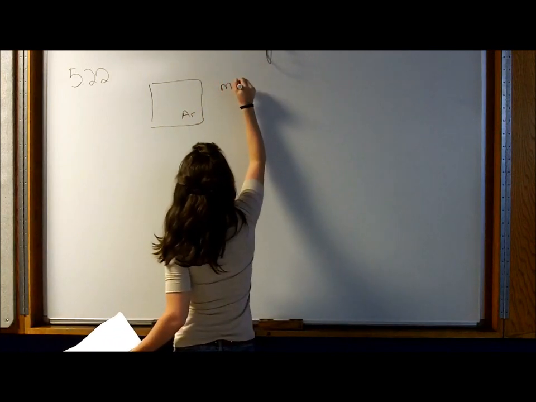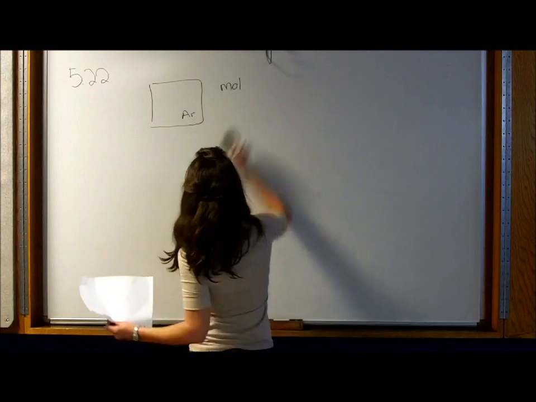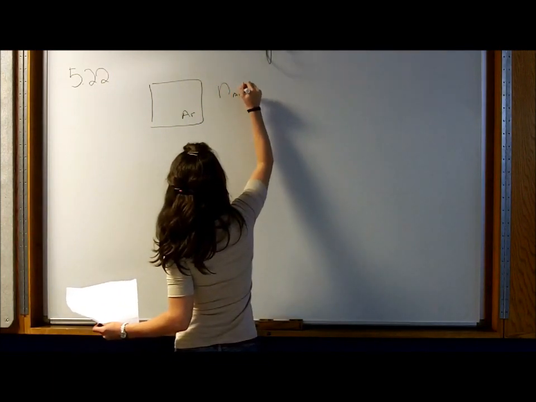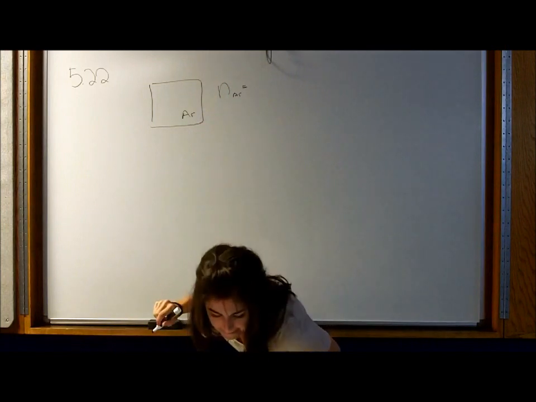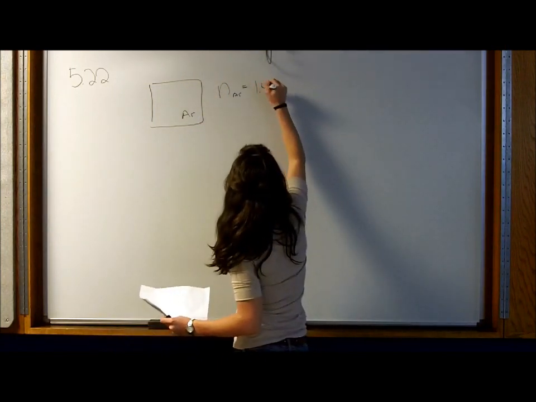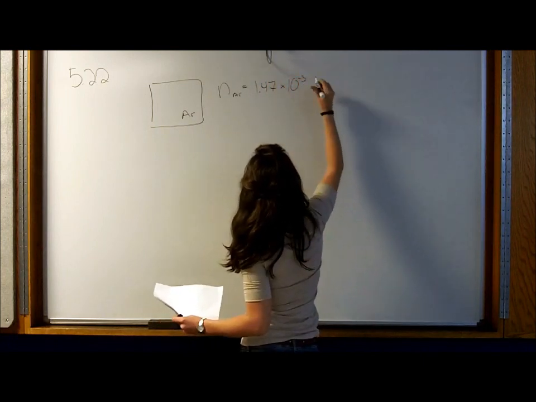and moles of argon. We're going to designate moles as N. So N argon equals 1.47 times 10 to the negative 3.